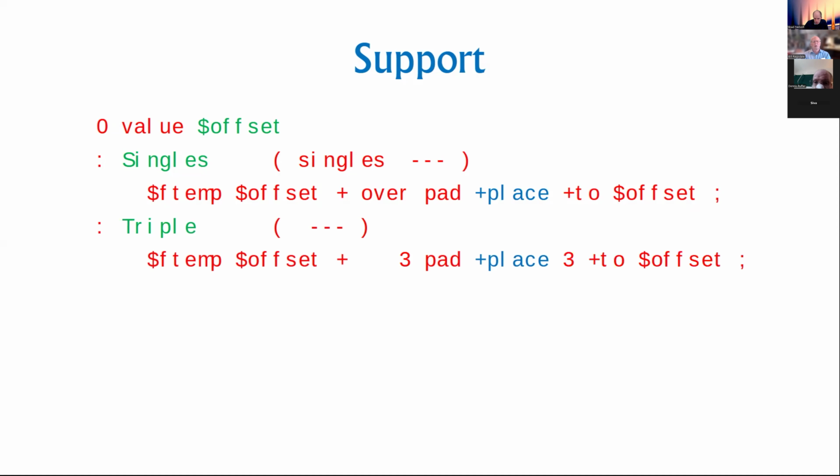To transport 3 characters in between the commas, we have a triple. So in that case, we do a plus place, but instead of giving us the number of characters to transport, the 3 pad transports 3 characters to pad, and after the plus place, we see 3 +2 dollar offset, and that increments the offset.